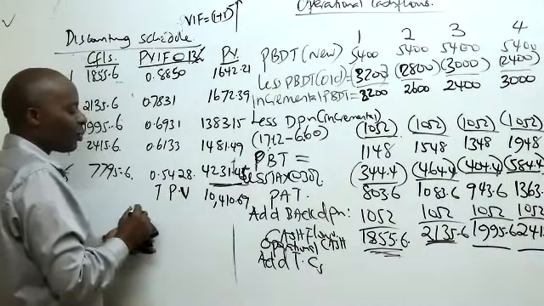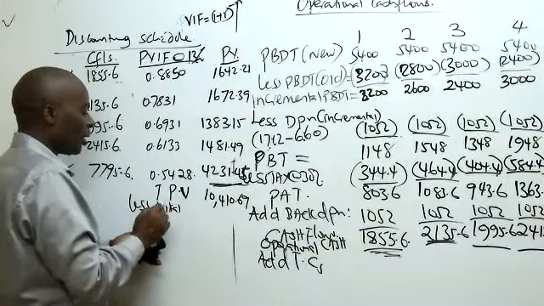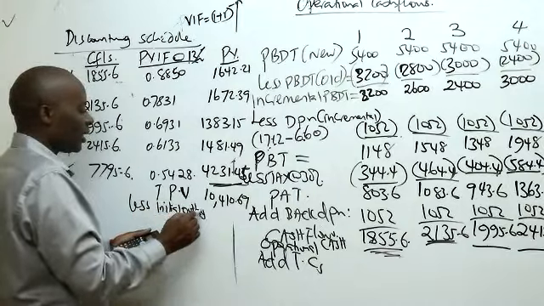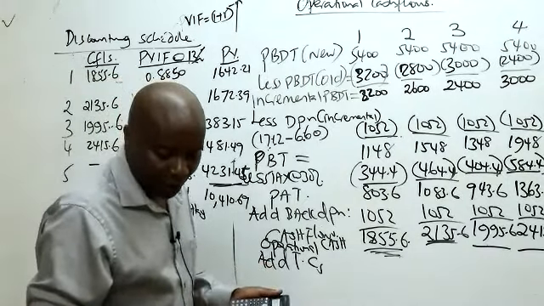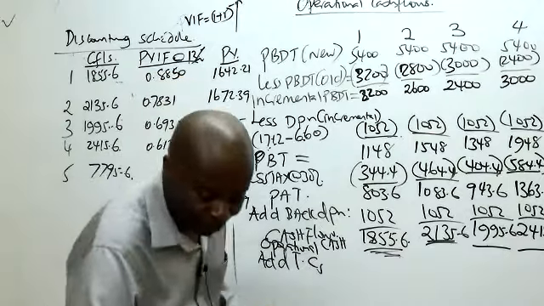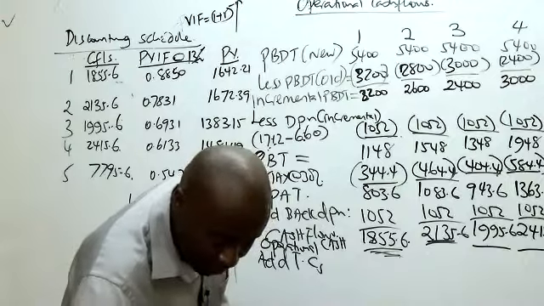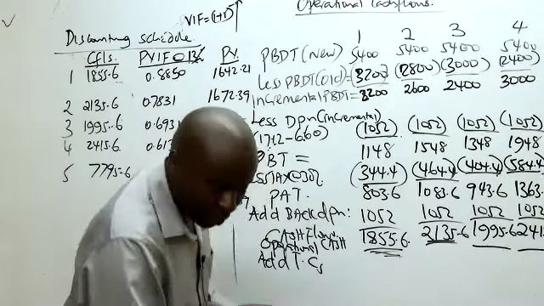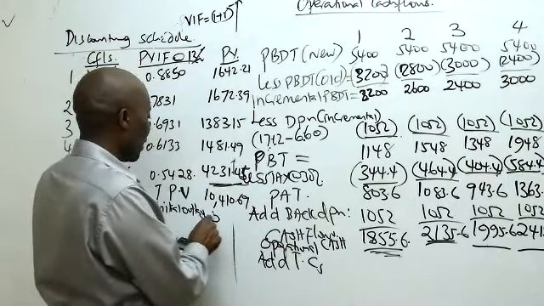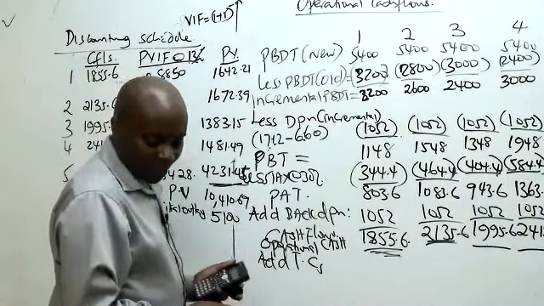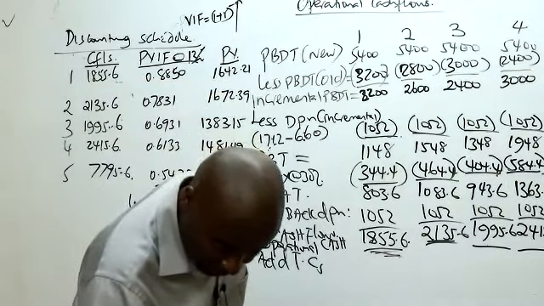Once you have your total present value, what do you do? You come and less the initial outlay. We had computed the initial outlay with yourselves. Is it 5,000?